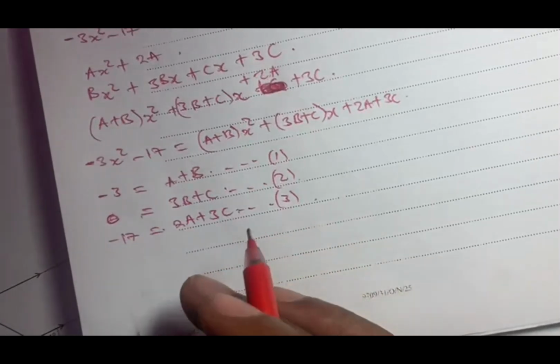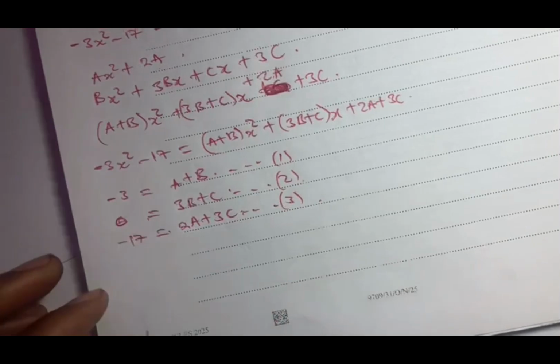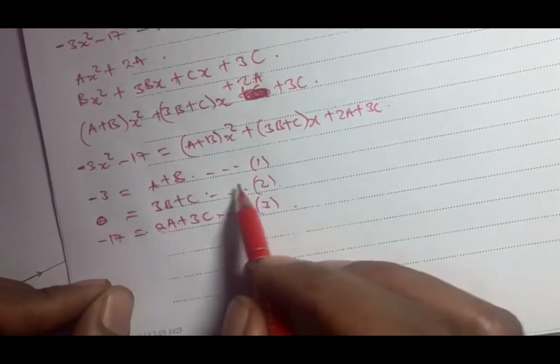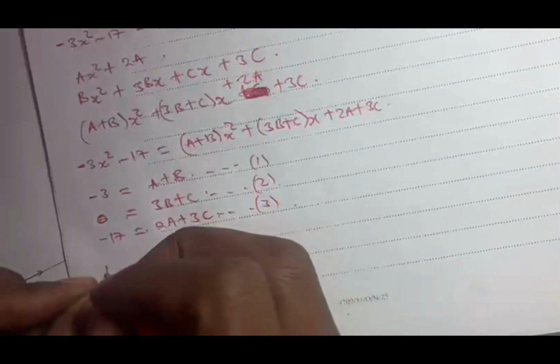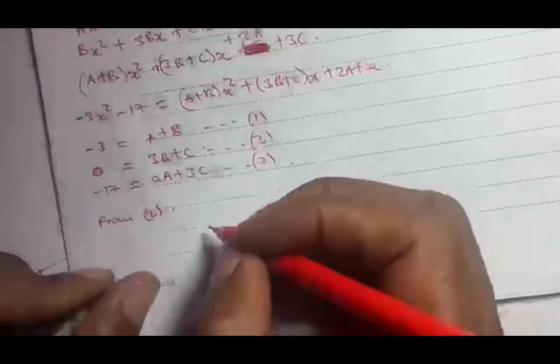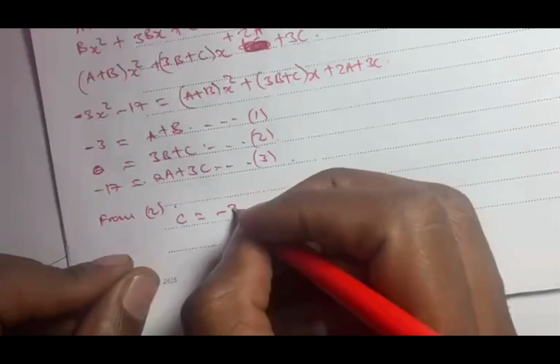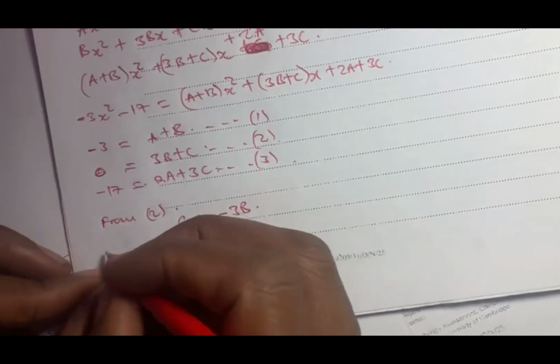To solve them simultaneously, from equation number 2, c is equal to minus 3b. I'll substitute 2 into 3.